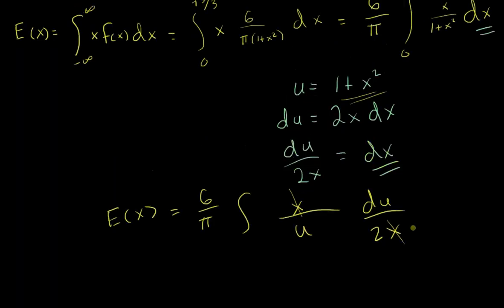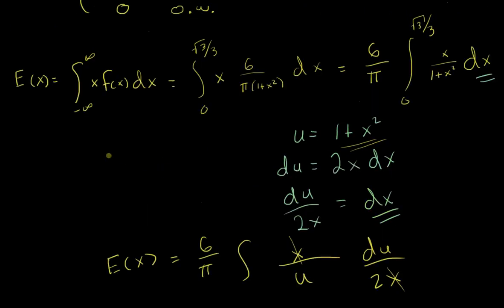All right, now what about these bounds? How do these bounds change? Well, the bounds for x were between 0 and square root of 3 over 3. So remember, u equals 1 plus x squared. So when x is 0, u is 1 plus 0 squared, which is just 1.